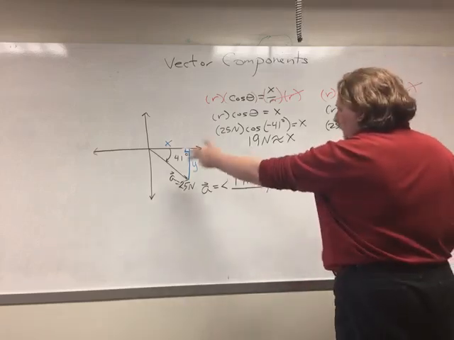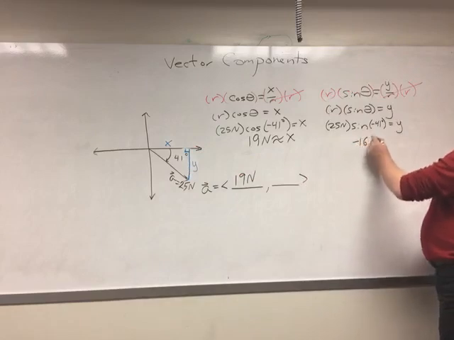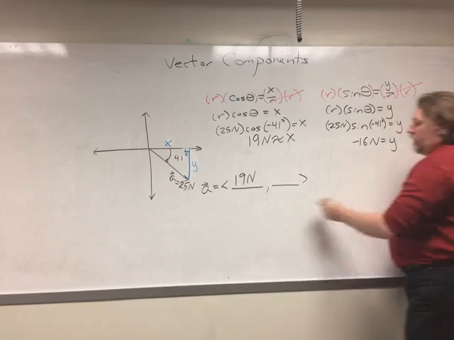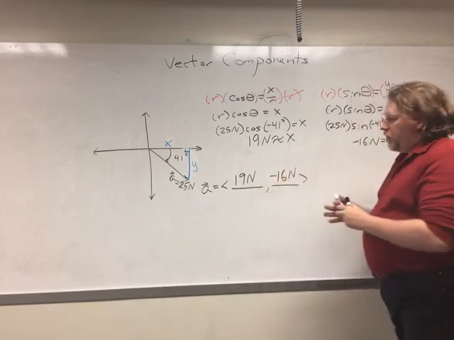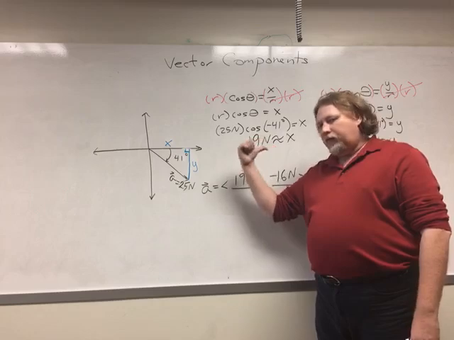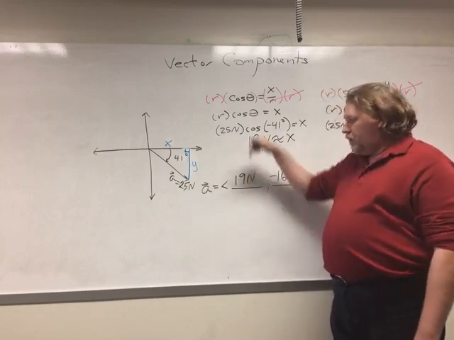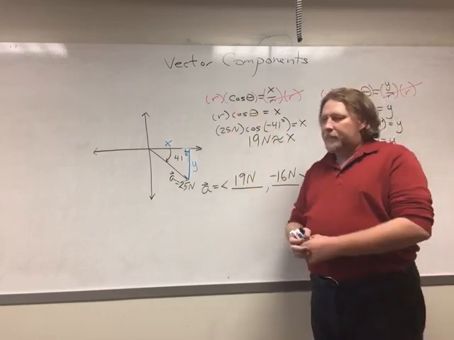And again, I have to round to two significant figures. So that gives me negative 16 newtons for y. The y component is negative 16 newtons. So now we know that our force is pushing 19 newtons to the right and 16 newtons down. Notice the negative indicating down.